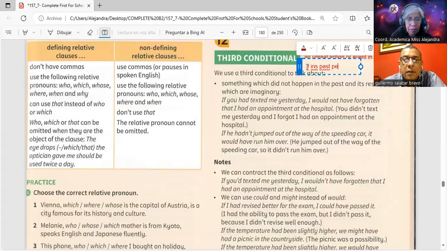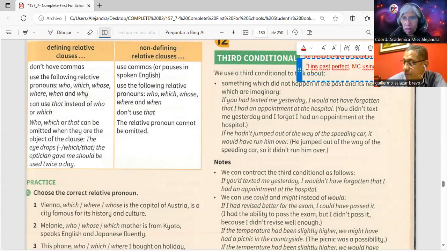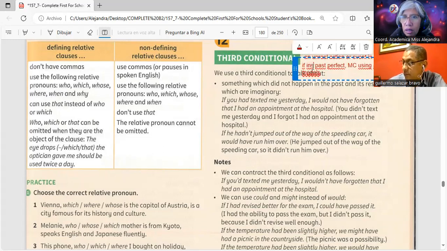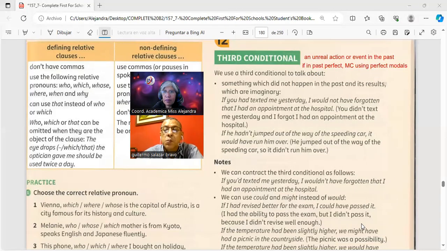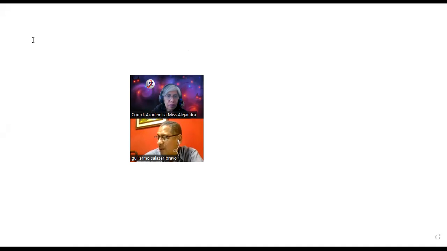If in past perfect, main clause using would plus perfect modal verbs. Do you remember the perfect modals?